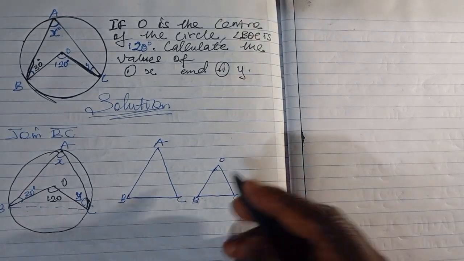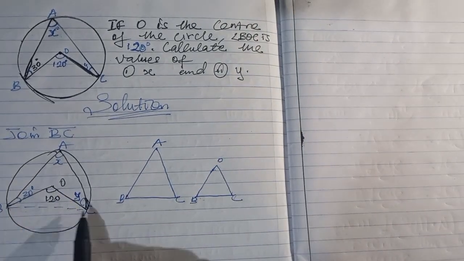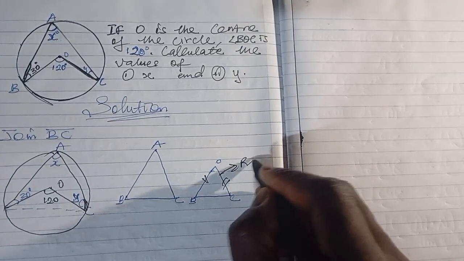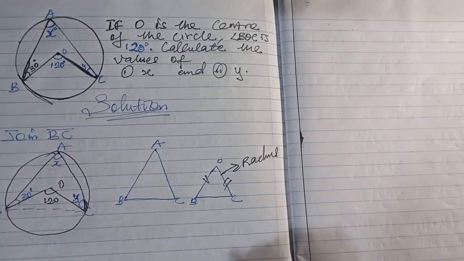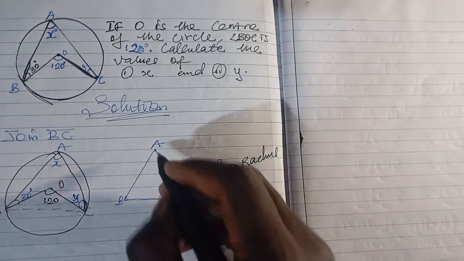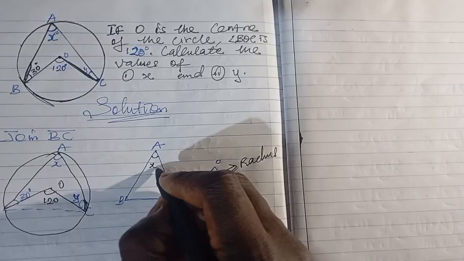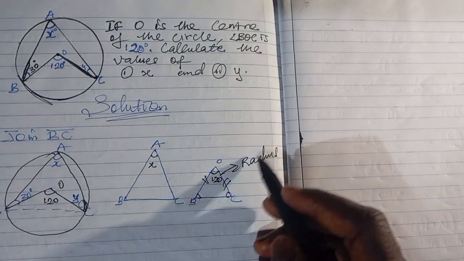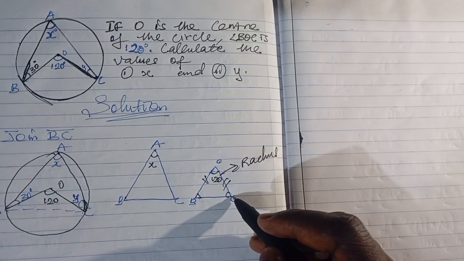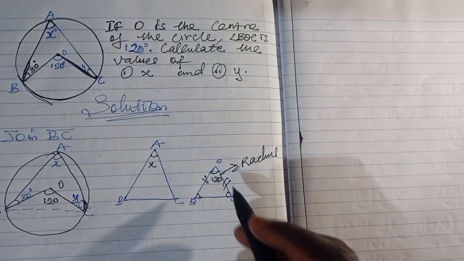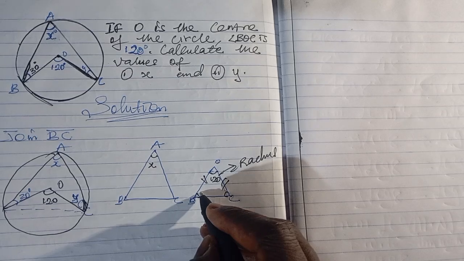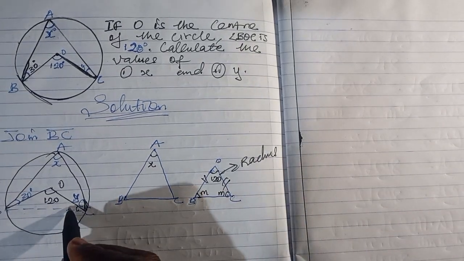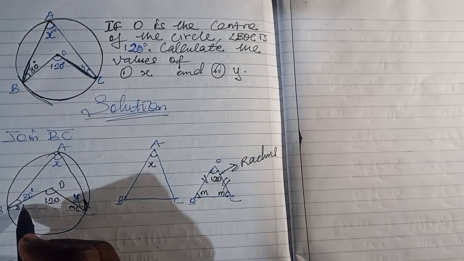Now, from this O, B, and C, this is an isosceles triangle because this is a radius. So this base angle, let's call it m, whereas this is 120 degrees. A line drawn from the center to any part of the circumference is a radius, so this is m, and here is also m.